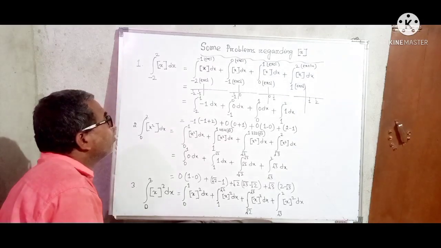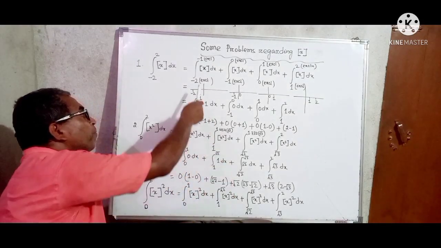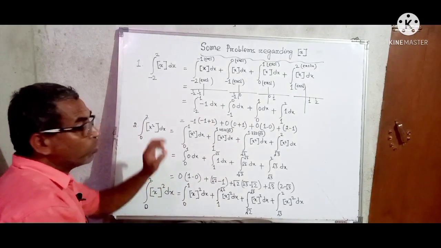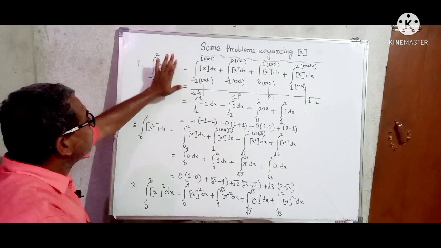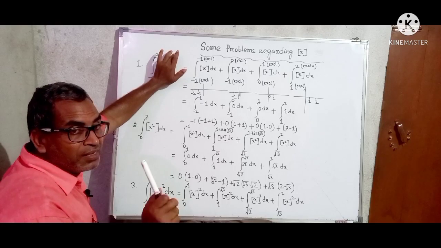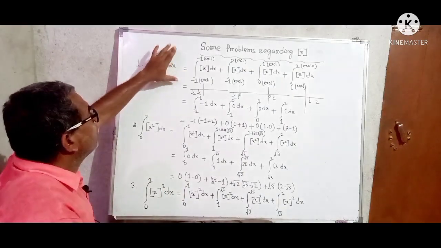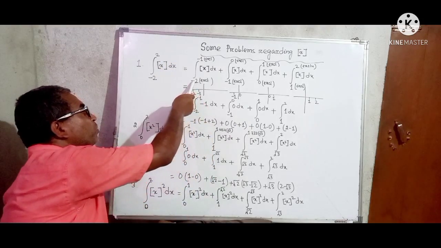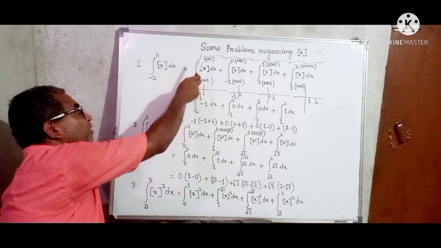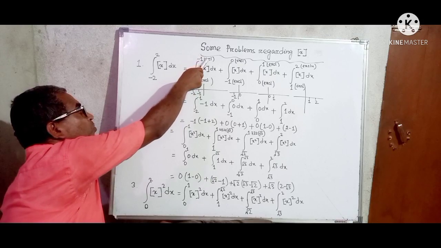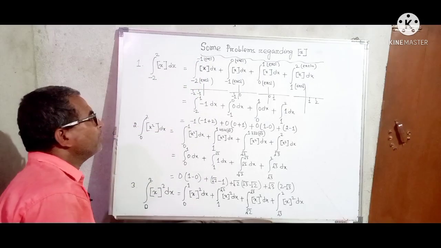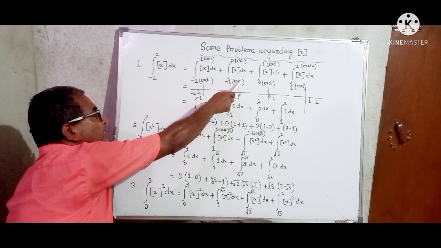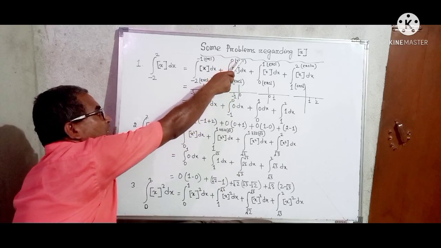Here minus 2 is excluded, and minus 1 is included. Then minus 1 to 0: here minus 1 is excluded, 0 is included.